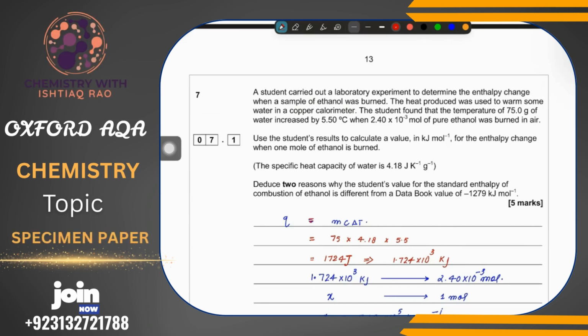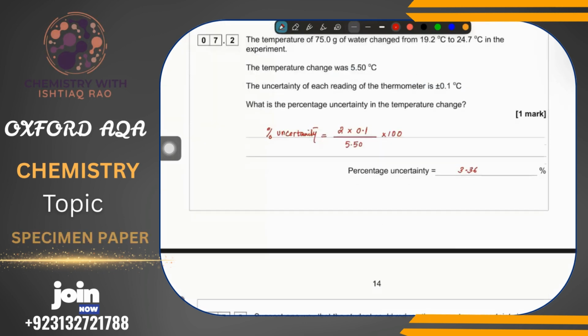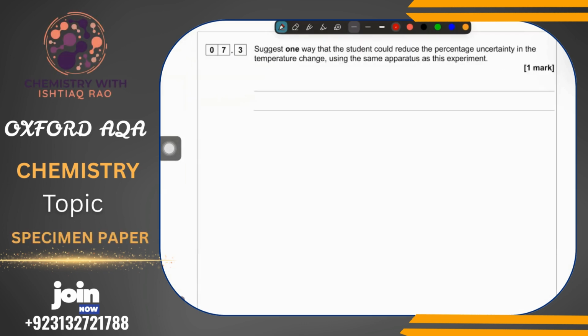When the temperature increases, the percentage uncertainty will decrease. So we have to increase the temperature basically. So burn more ethanol.